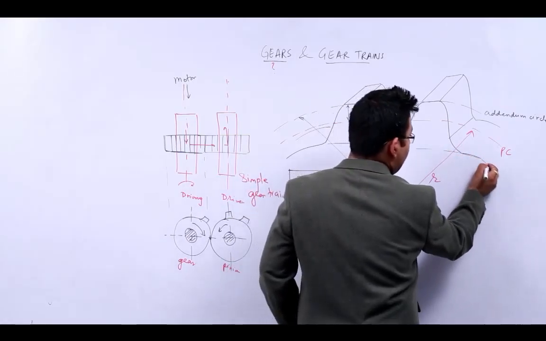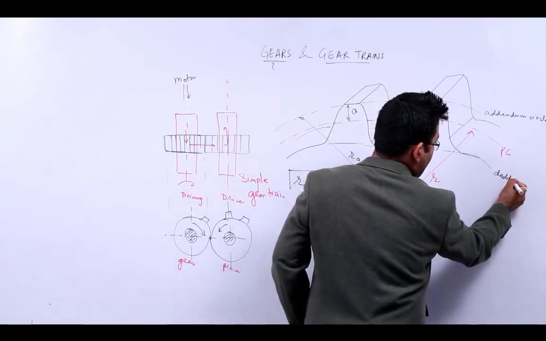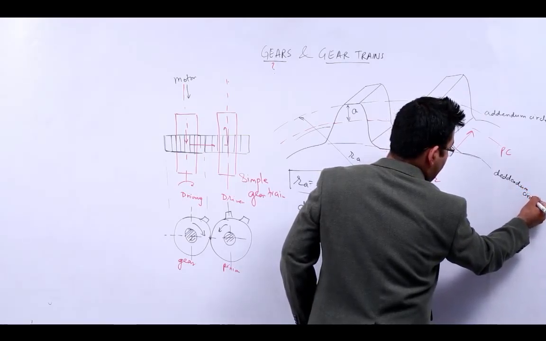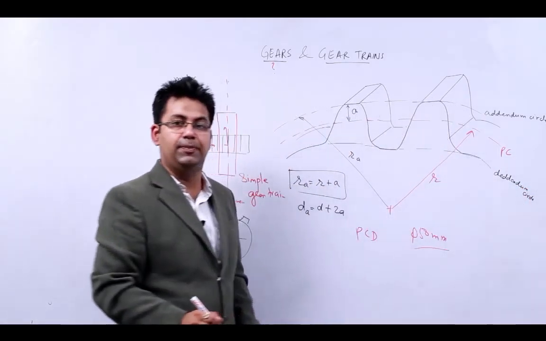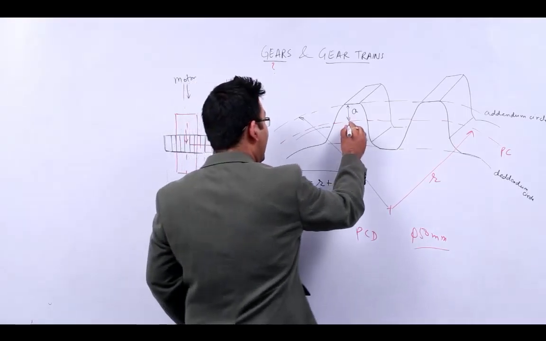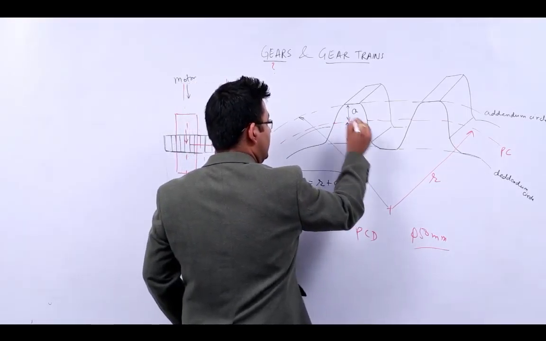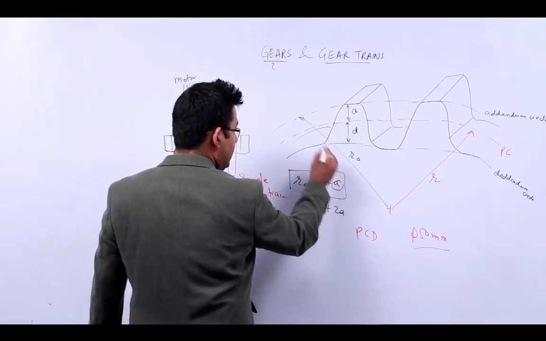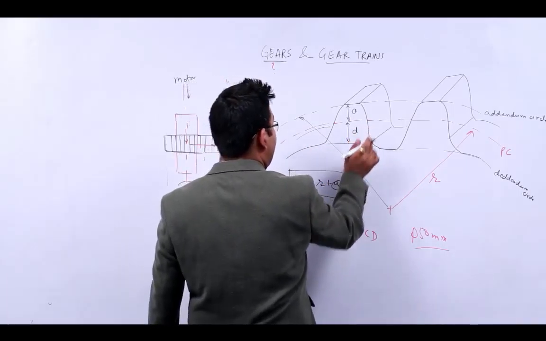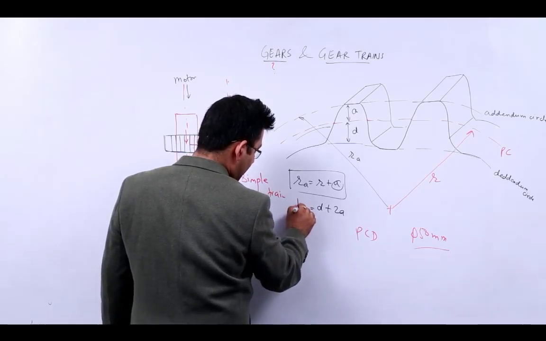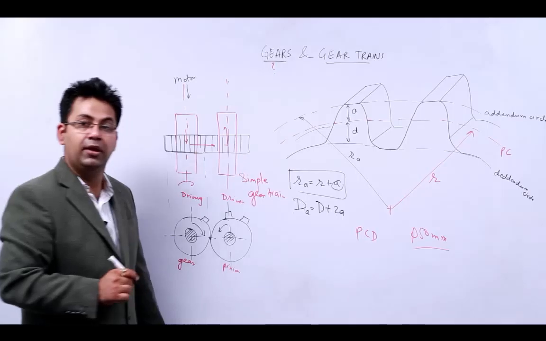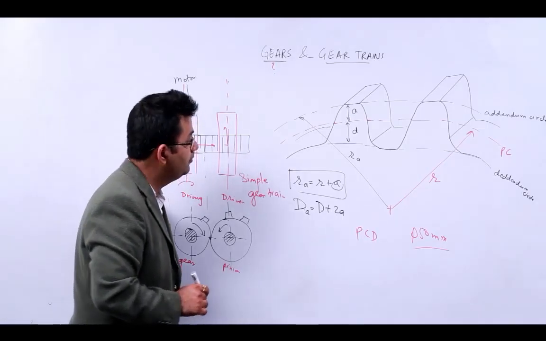Right. Now let me draw the circle at the bottom. This circle is called the dedendum circle. And the radial distance between the pitch circle and the dedendum circle is called the dedendum. So this is addendum and this is dedendum. Let me put this as capital D, so there is no confusion between the dedendum and the pitch circle diameter.